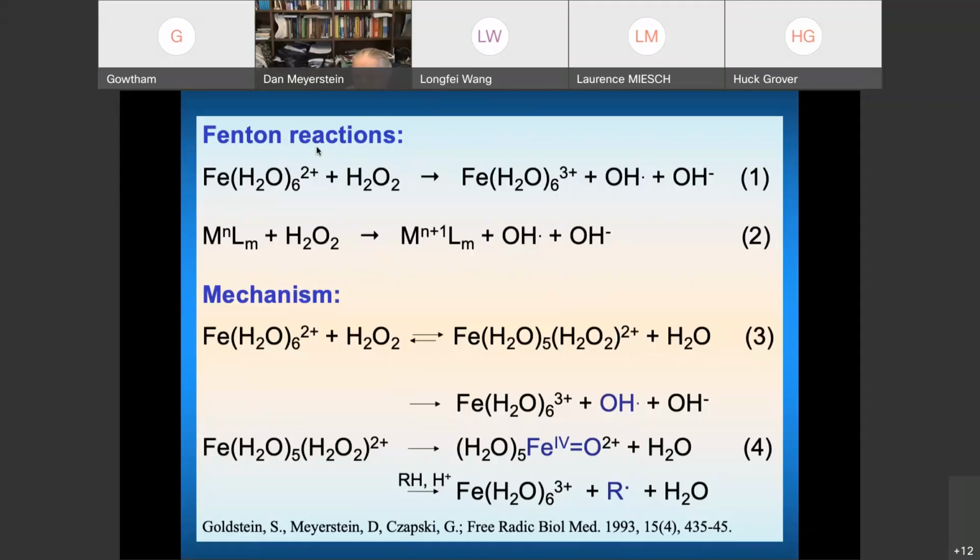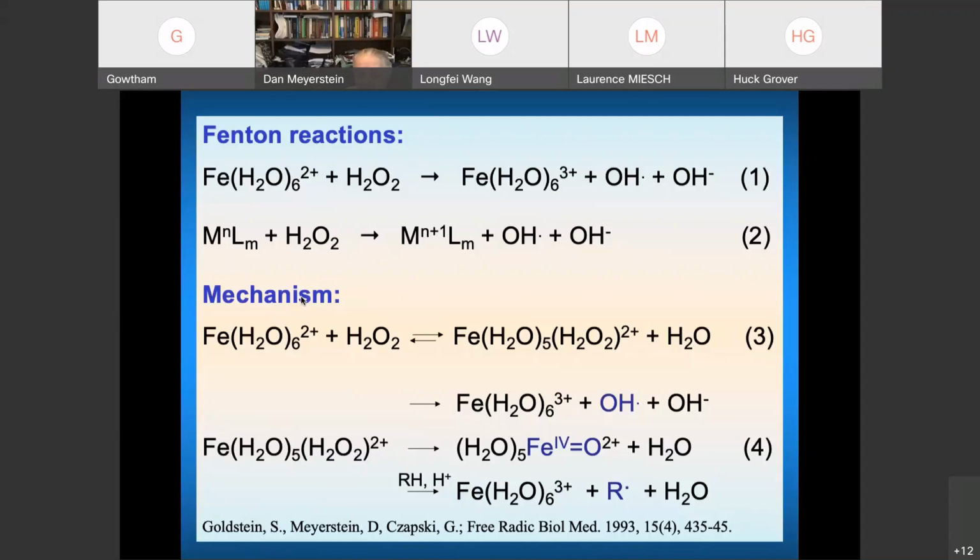The same radical would be produced if OH radicals react with this substrate or if iron 4 reacts with a substrate. That's the reason that in most systems it is difficult to decide what the mechanism is.